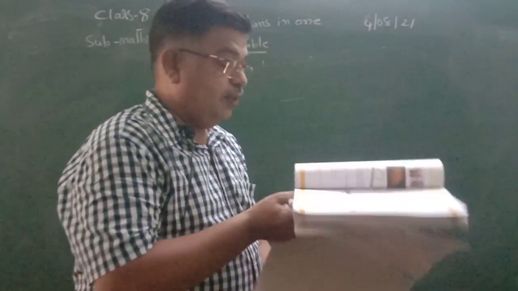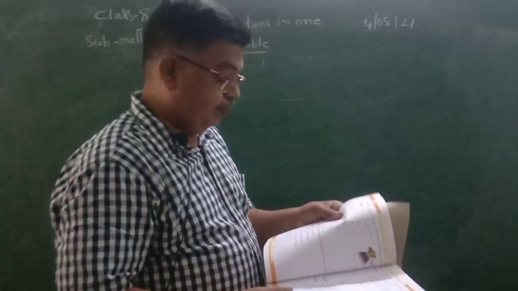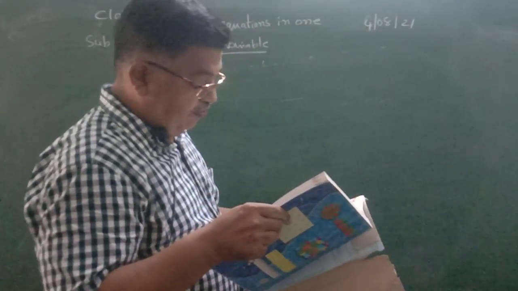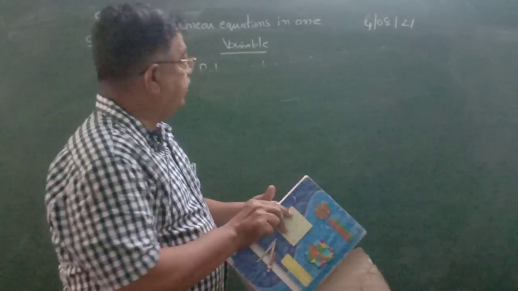Next, we are going to do the next problem. 4/5 of a number is greater than 3/4 of a number by 4. Find the number.